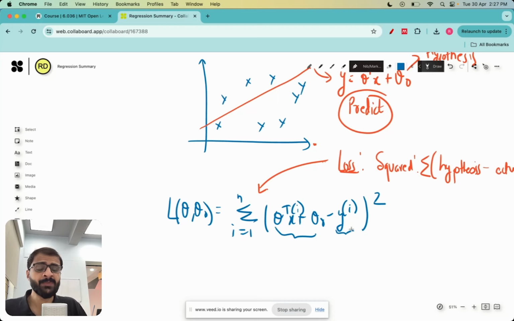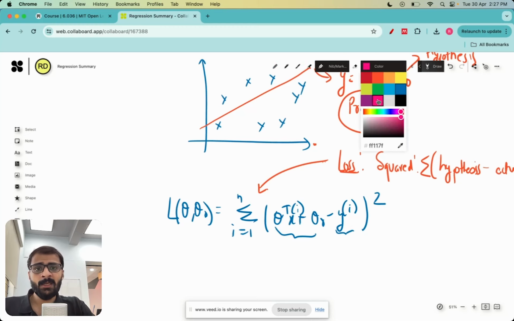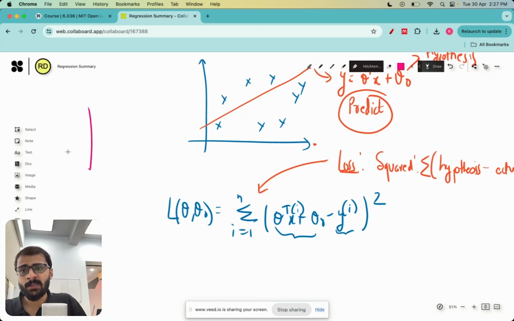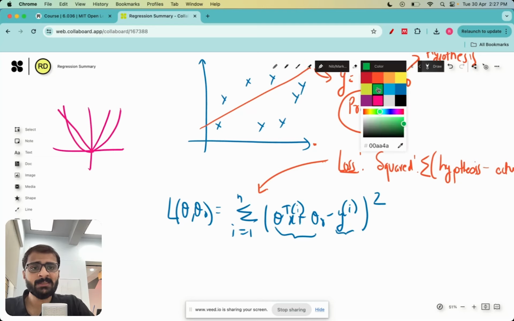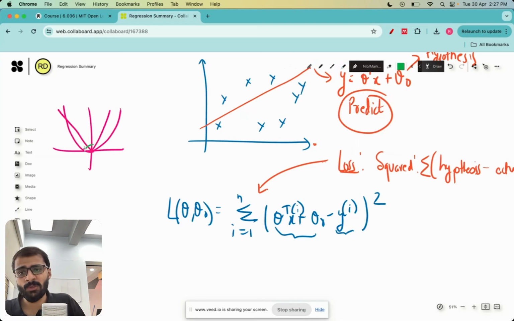That's the loss function. One more thing which is frequently asked in interviews is why do we use a squared loss function and why not a modulus loss function? The key difference between these two is that the modulus loss function looks something like this, and the squared loss function looks something like this.